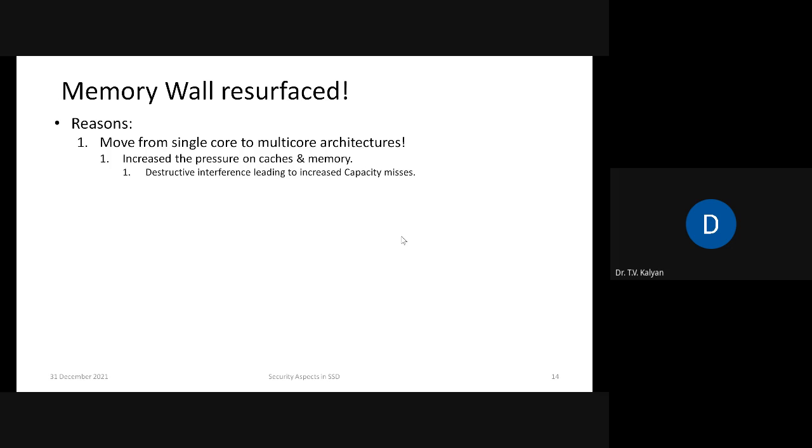Caches were experiencing more interference from the cores, leading to increased accesses trying to go to the memory. And also coherency issues were cropping up. And like I mentioned earlier, trying to serve all the requests in parallel to different cores is a big task, which is actually pushing the capability of the memory to supply multiple data items at the same time, which we generally call bandwidth.